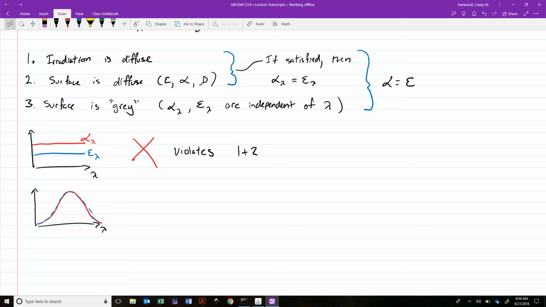So in this case, we cannot say that alpha is equal to epsilon, or that the total emissivity and total absorptivity are equal, because it violates number 3.